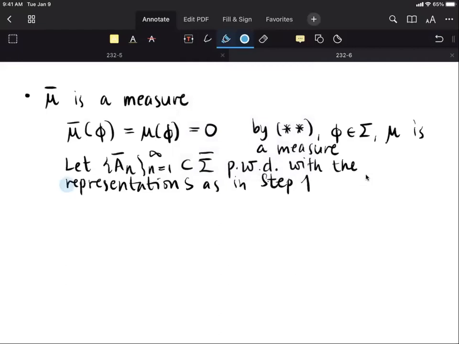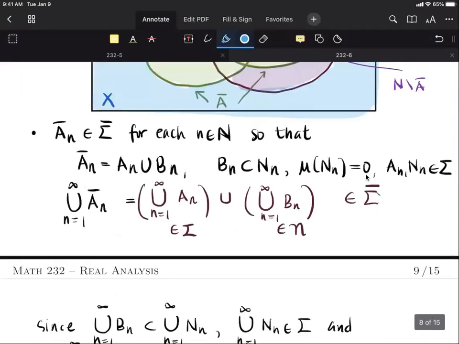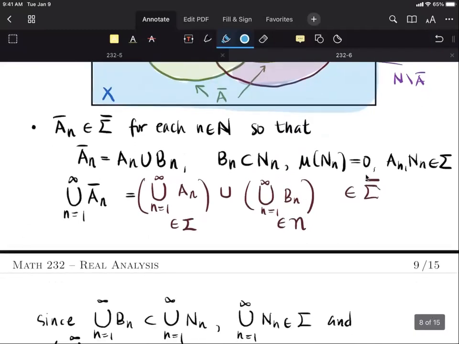By these representations, I mean precisely this part here. And from this step, we have written the union of A bar n in this way.